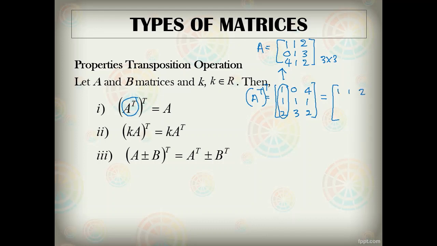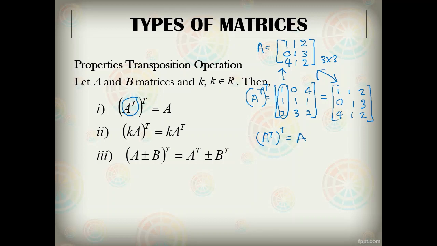Our second column 0, 1, 3 will become the second row 0, 1, 3, and then our third column will become the third row, which is 4, 1, 2. Compare with this one. Are they equal? Yes, they are. So that is the proof of the property. When you transpose it one more time, you will get the original matrix, which is matrix A.